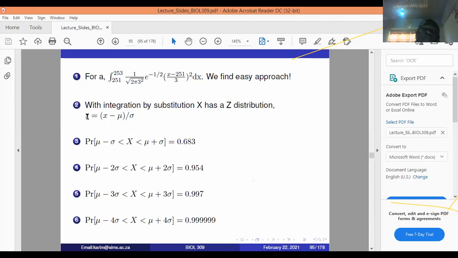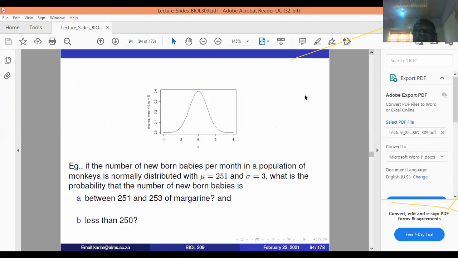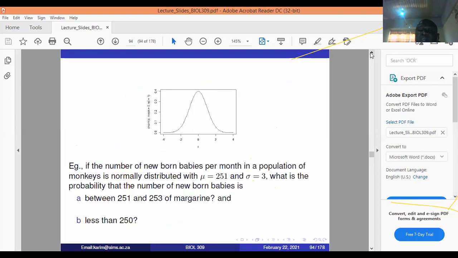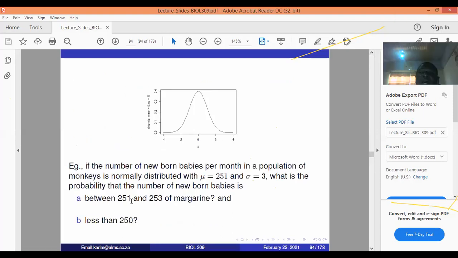So if I now want to find the probability that the number of newborn babies is between 251 and 253, then what I'll simply do is compute the Z value for 251, and then I'll also compute the Z value for 253.